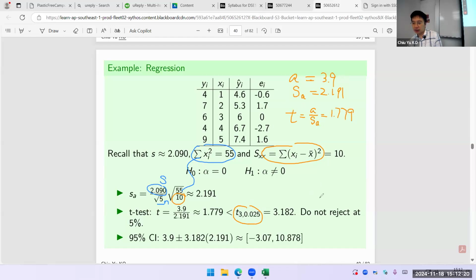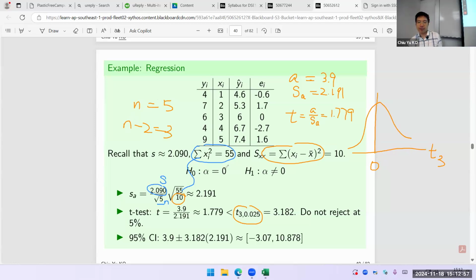For the hypothesis testing, how many N do we have? 1, 2, 3, 4, 5. N is 5, N minus 2 is 3, so it's t with 3 degrees of freedom, and the bell curve is centered at 0. We always do a two-tail test. Unless you have some special reason, you will do a two-tail test.